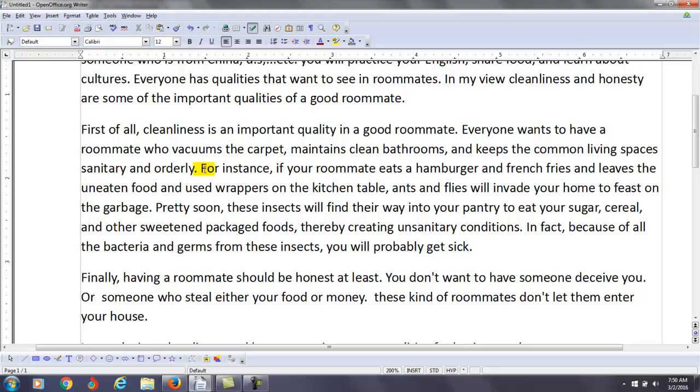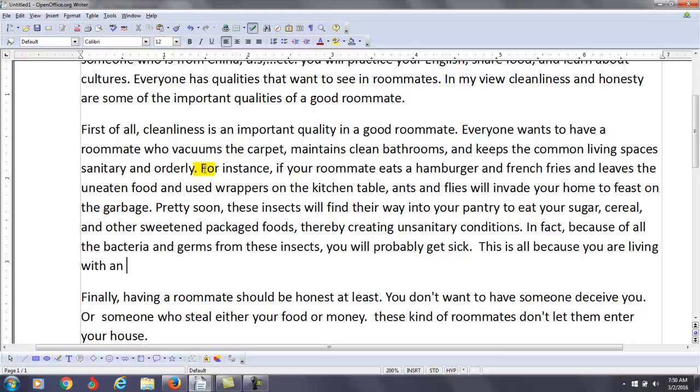In fact, because of all the bacteria and germs from these insects, you'll probably get sick. And this is all because you are living with an unclean roommate. Okay, I think that's good. I think we have it.